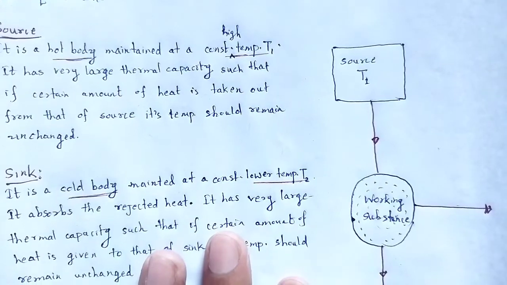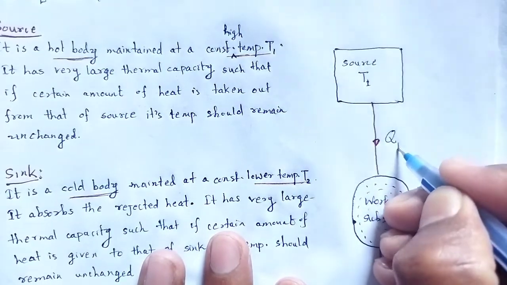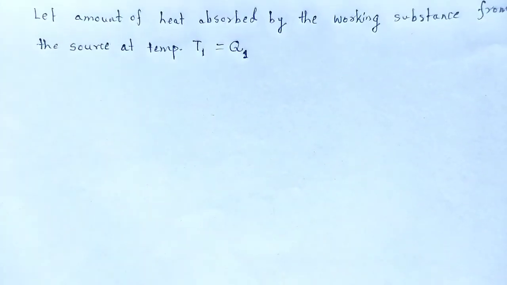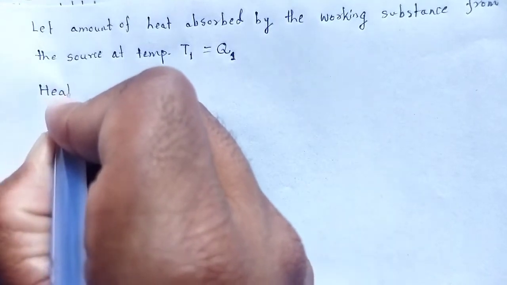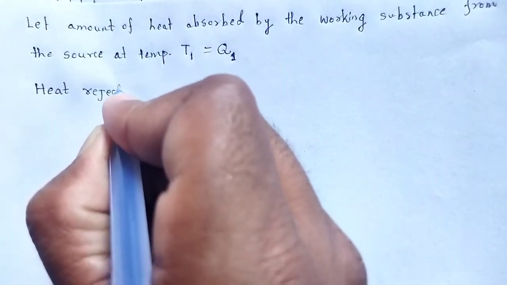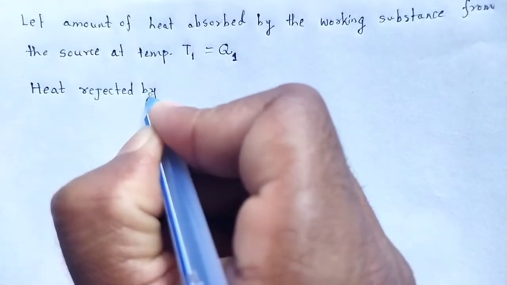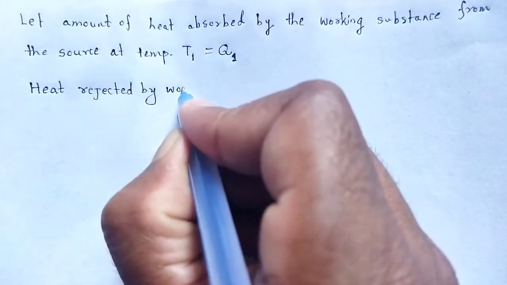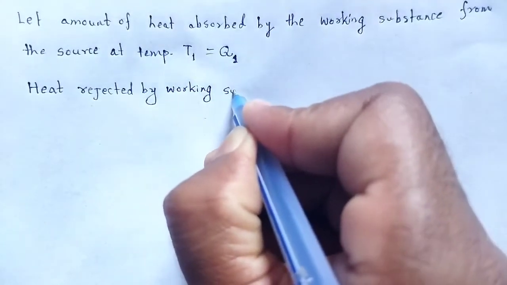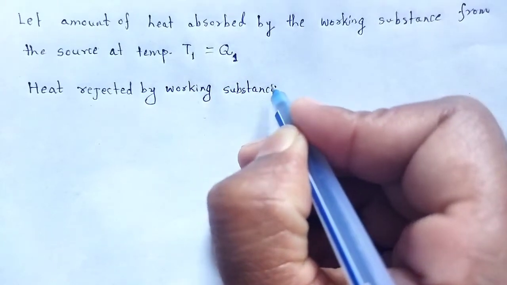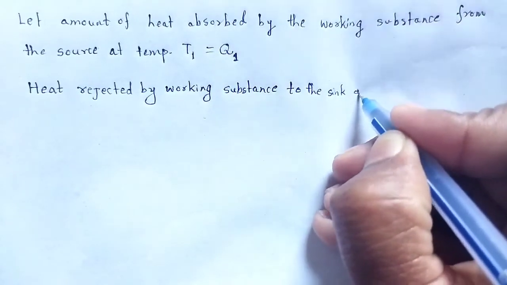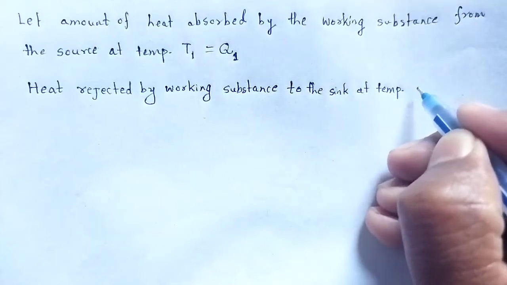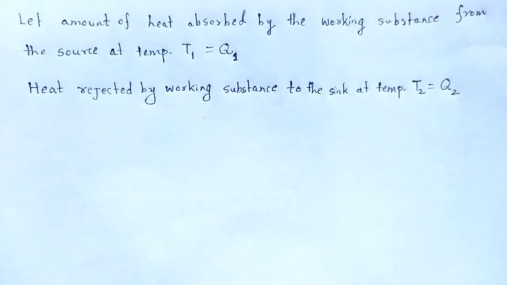Here is the Q1 amount of heat. Now, heat rejected by the working substance to the sink at temperature T2 is equal to Q2.